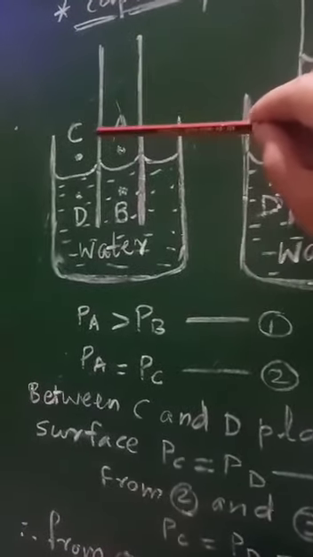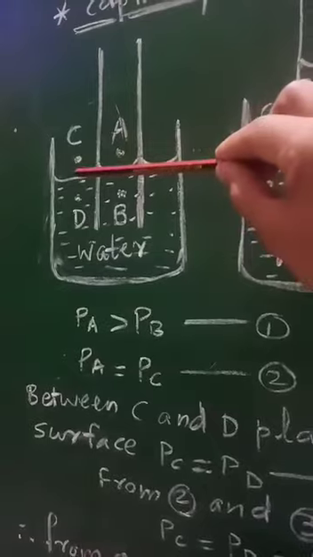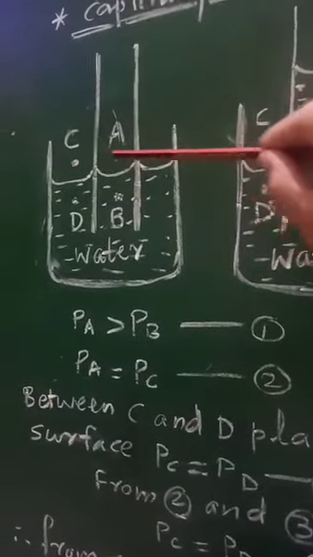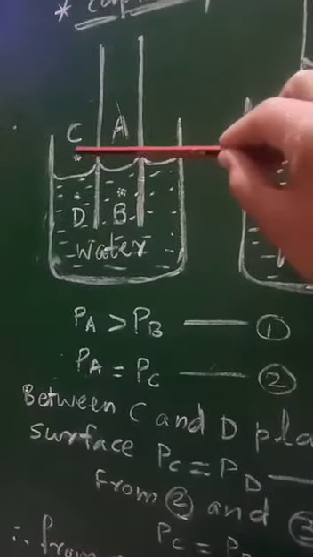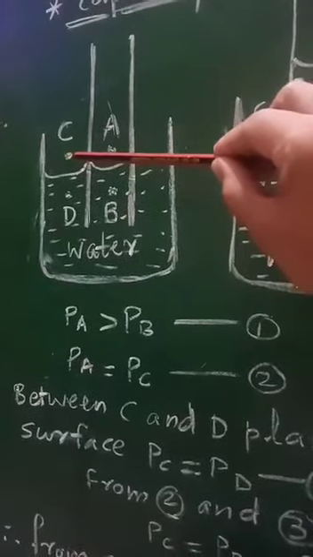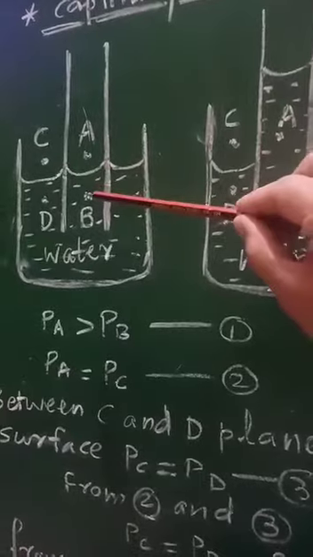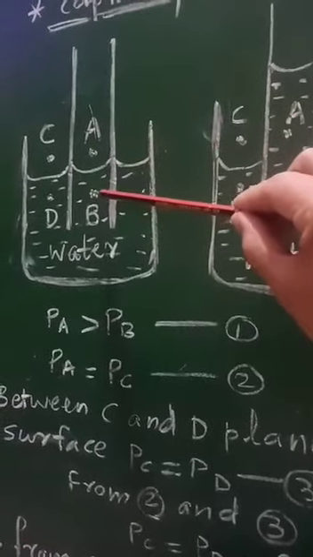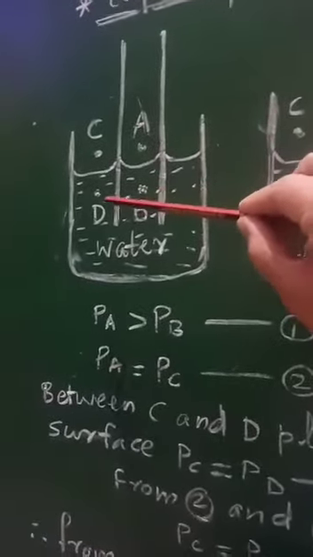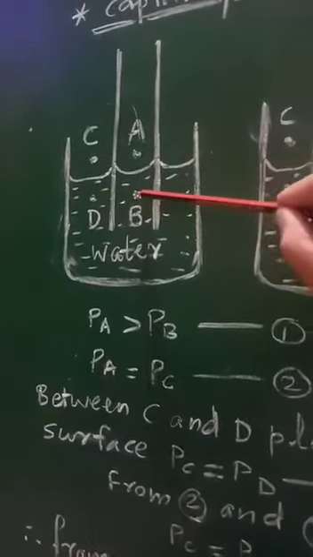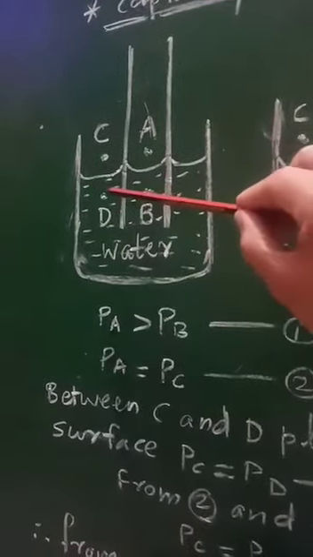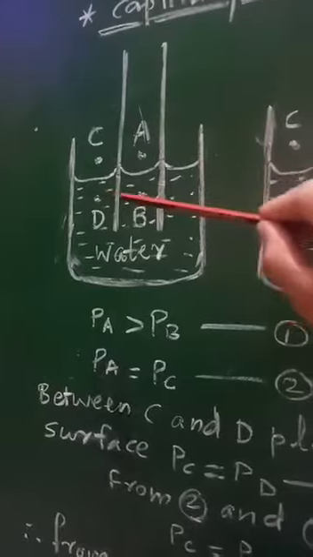At the same time, outside the capillary at the same level as that of point A, point C is considered. Similarly, below this concave surface, inside the capillary, point B is there, and outside the capillary at the same level as that of point B, point D is considered.